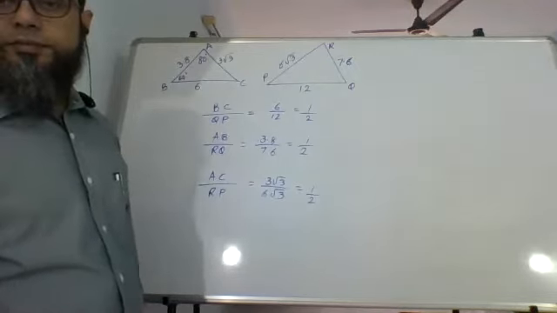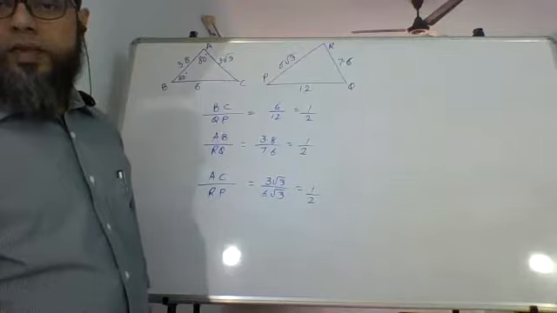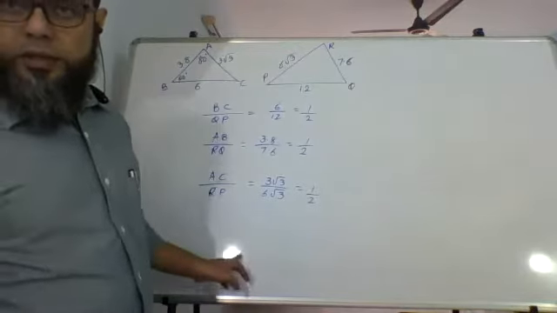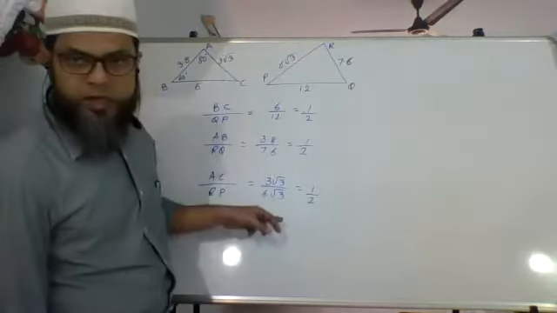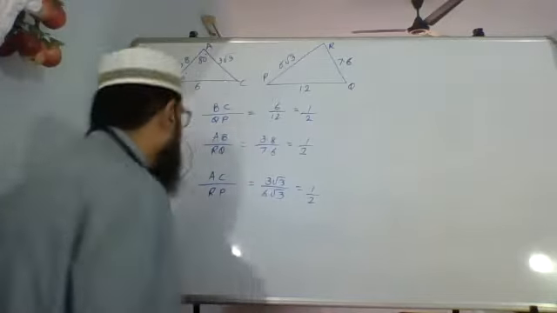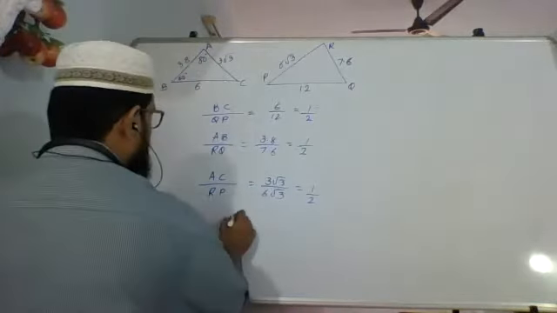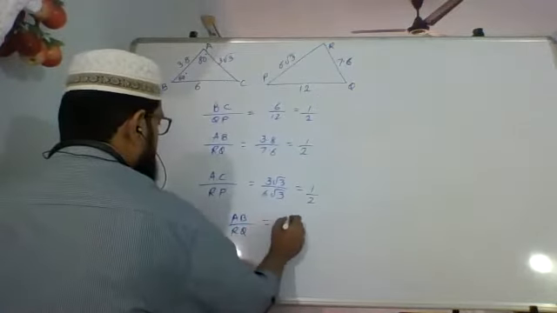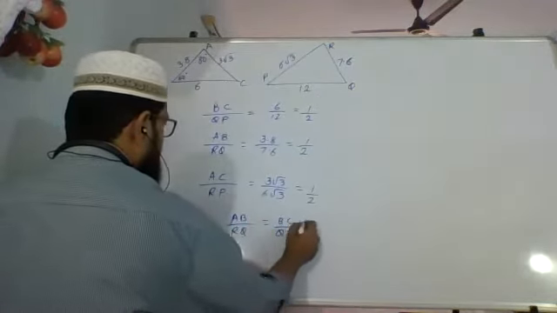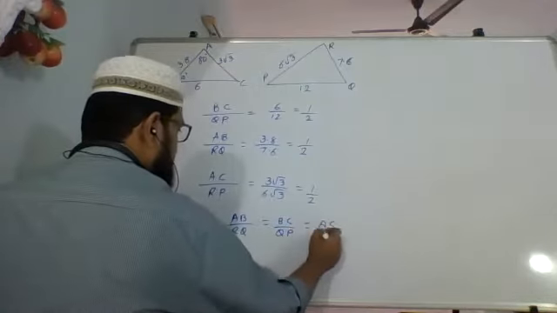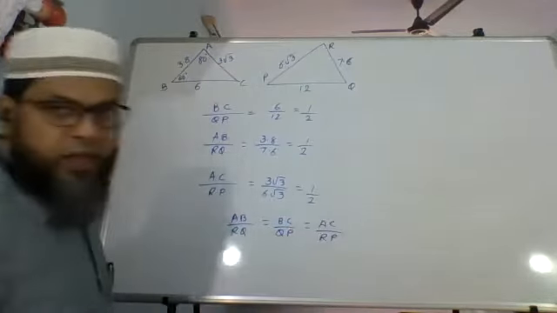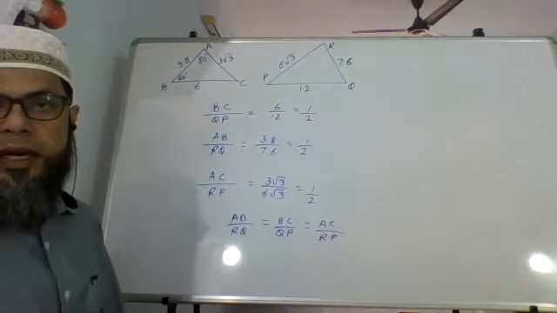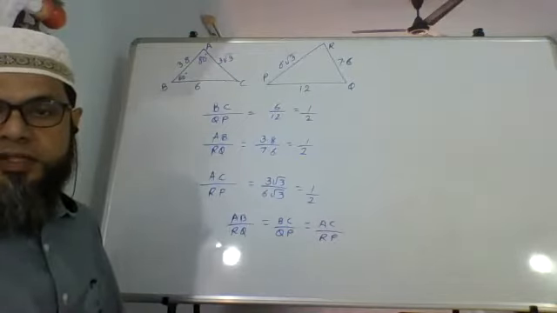Okay. So if this is clear that each of them is 1 upon 2, 1 upon 2, 1 upon 2. That means I am saying AB upon RQ equals to BC upon QP equals to AC upon RP. Okay, Kihan, are we clear with this?